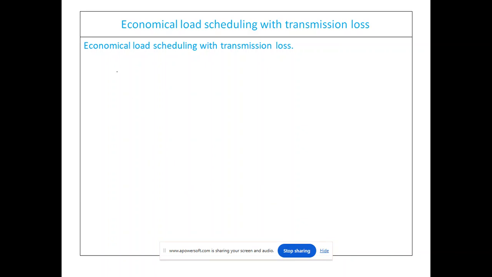They have given one system: generator G1 and another generator, only two plants, connected through a transmission system to a load. The load value is not given, but the system is operating under optimal generation scheduling, that is PG1 is 100 megawatt and PG2 is also 100 megawatt. They have given the incremental costs, dC1/dPG1 and dC2/dPG2, and some values are asked.